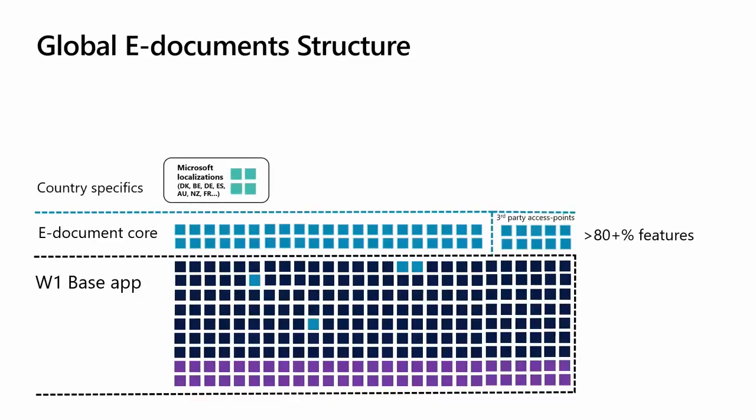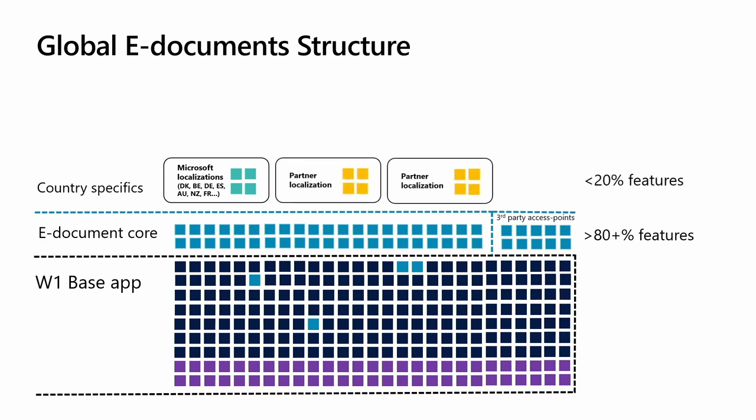This is the basic framework, common, plus integration with external services. On top of that, Microsoft has already delivered some localizations, and we are planning to deliver more as independent local apps. We expect this from partners as well, to make your own localizations, and not only localizations.